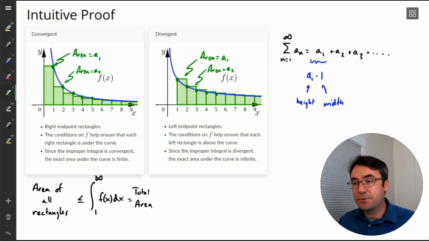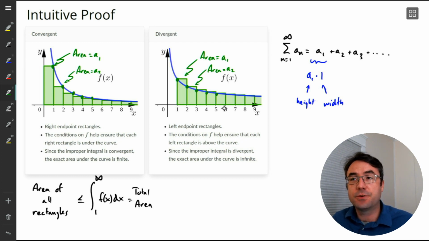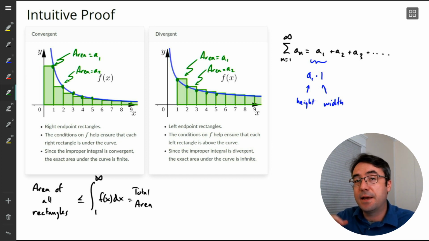And again, those conditions on our function f help ensure that these left endpoint rectangles all fall above our curve. You can see there are little pieces of these rectangles that lie above the curve. Again, it comes down to those three conditions.